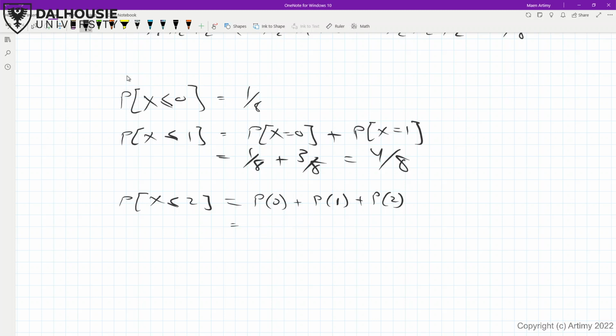So that's 1 over 8 plus 3 over 8 plus 3 over 8, which will be 7 over 8. And finally, x less than or equal to 3 will be 1, right?